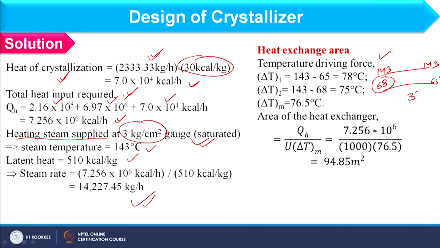Because this 3 degree is basically the superheat which is required and which is given in the problem only, right. So, LMTD you can obtain as 76.5 degree Celsius. So, how much area can you obtain? Total heat duty divided by the overall heat transfer coefficient, which is also given, and divided by LMTD. So, 94.85 meter square is the total area of heat transfer.